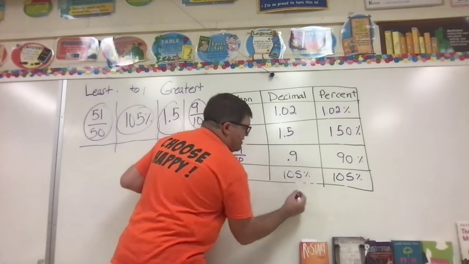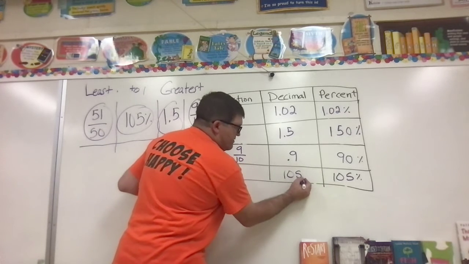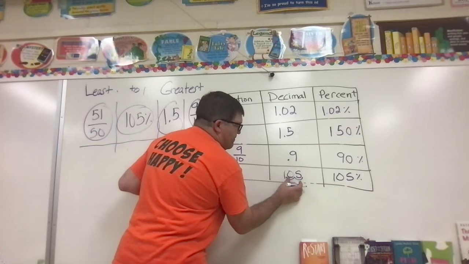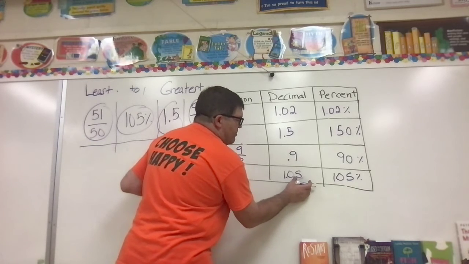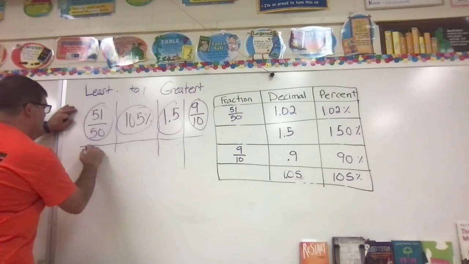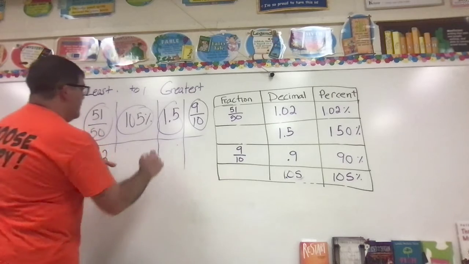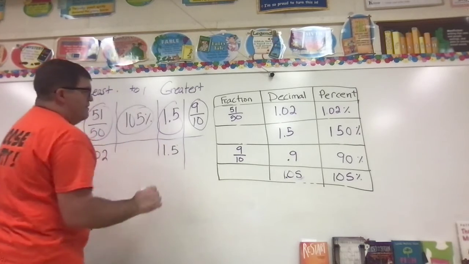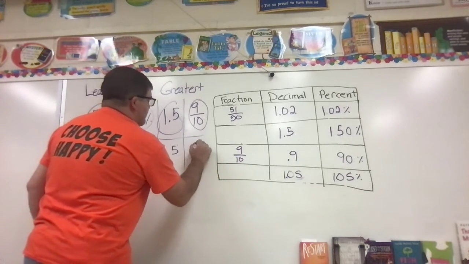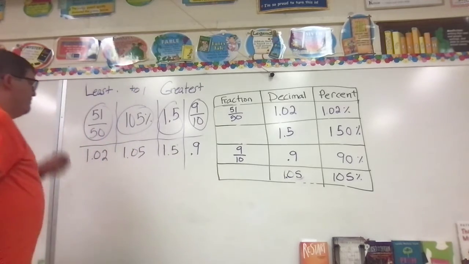I get rid of the percent symbol, put the decimal where it is, 1, 2. So it is 1.05. So if I do decimals, this one is 1.02. 1.5 is 1.5, of course. 9/10 is 0.9, and 1.05.